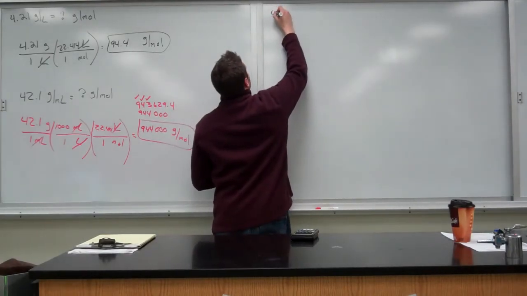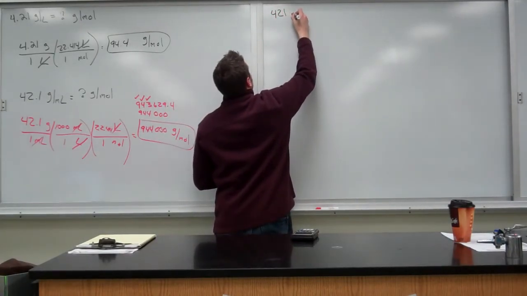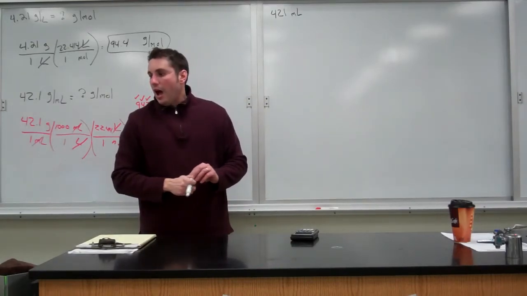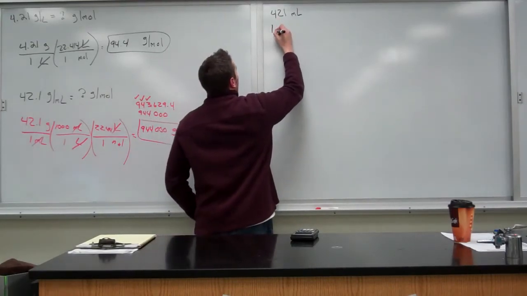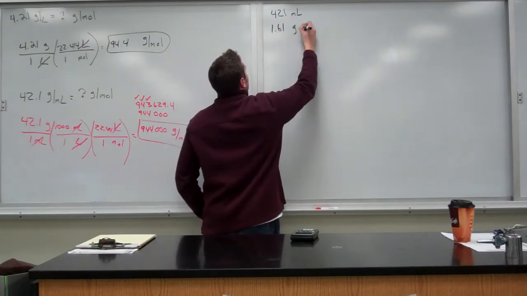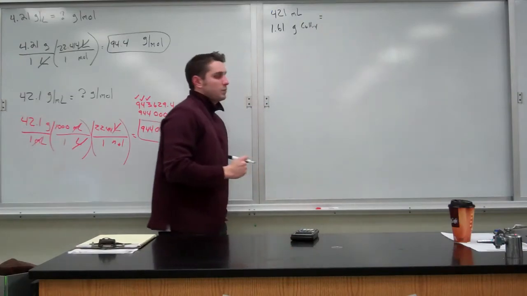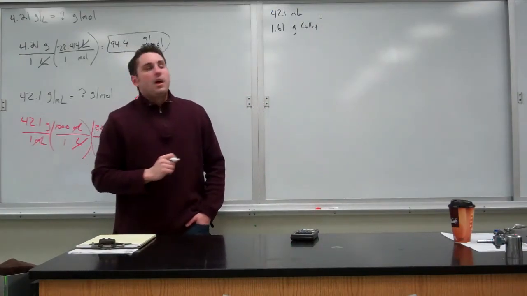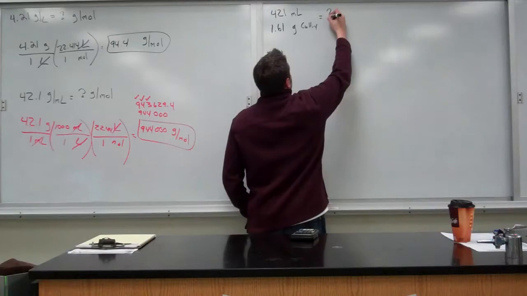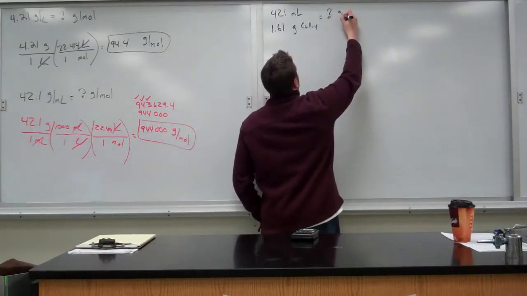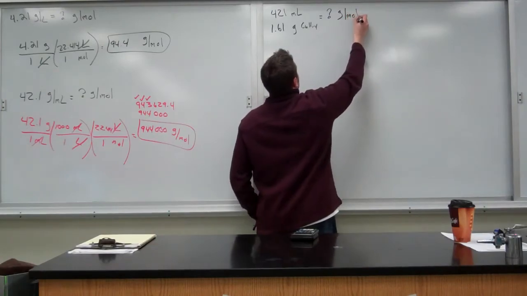They told me I have 421 milliliters of the hexane. I also know that I've got 1.61 grams of the hexane, C6H14. The question says, find the molar mass, which means I'm looking for units of grams per mole.